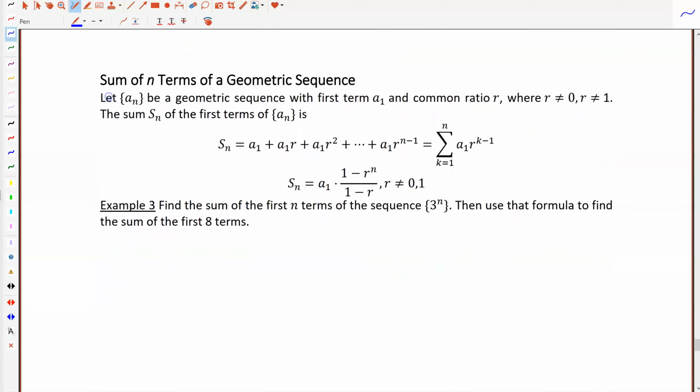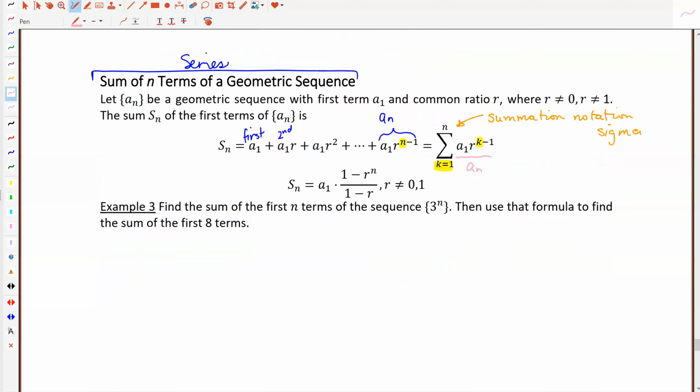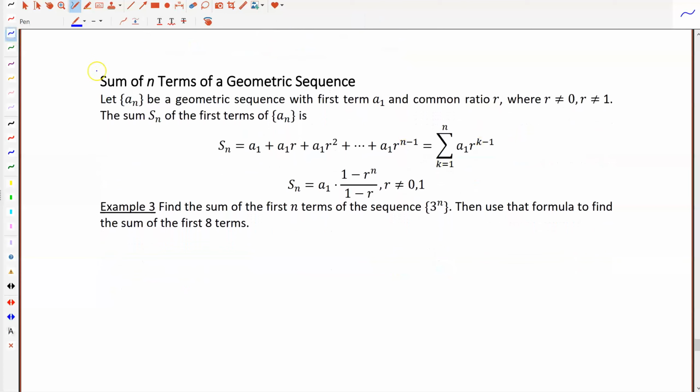Okay, now we're going to move into finding sums. Remember that when you sum a bunch of terms in a sequence, that is called a series. The first geometric series that we're going to look at are going to sum through a specific term, through an nth term.